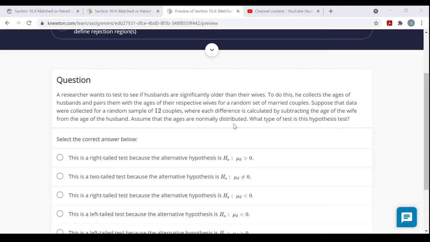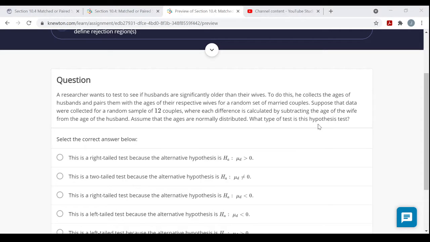That way, because this is a pretty small sample size, the sample size won't matter. 12 couples is fine, and we'll be working with the student's t-distribution with 11 degrees of freedom, because we're looking at one sample of 12 differences. For a t-test for one sample with a sample size of 12, the t-distribution has 11 degrees of freedom: the sample size minus 1, the number of pairs minus 1 in this case.